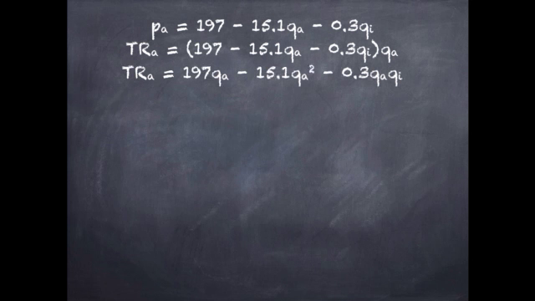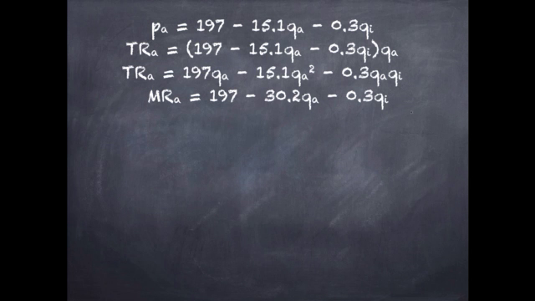Multiplying QA through, total revenue of AMD is equal to 197 QA minus 15.1 QA squared minus 0.3 QA QI. We take the derivative of this to get marginal revenue, and that yields 197 minus 30.2 QA minus 0.3 QI. So now we have marginal revenue of AMD.